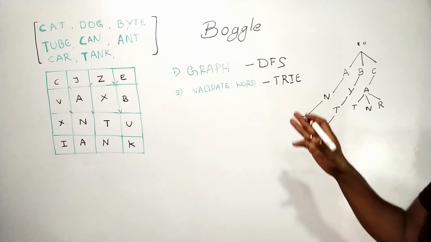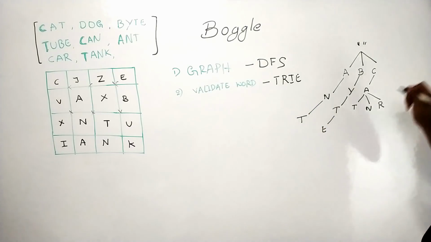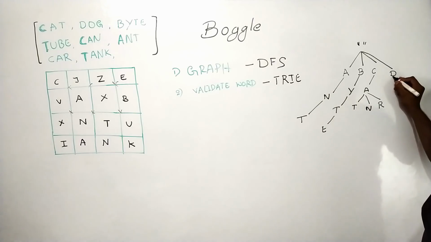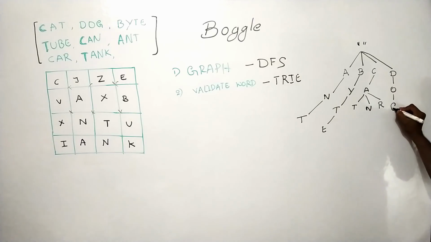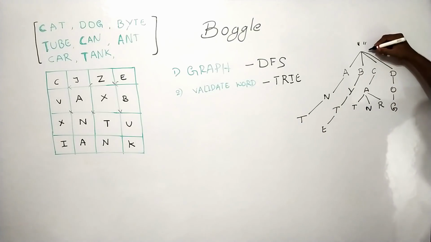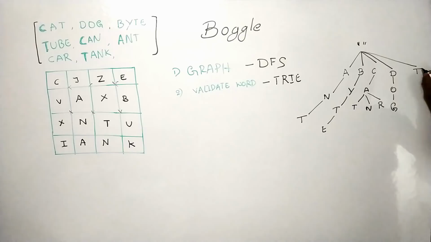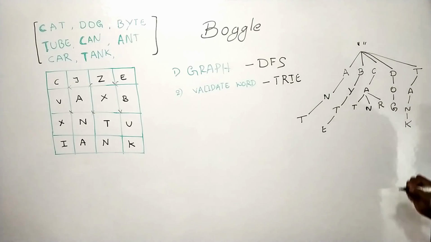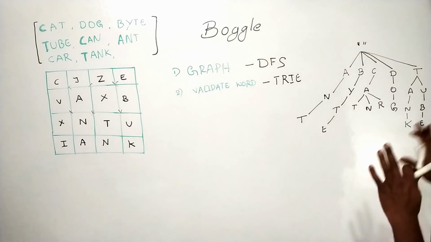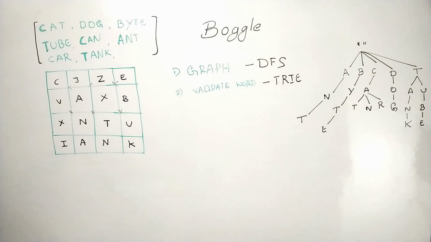And we have one word starting with D. Let's write that here: D, O, and then G. We have two words starting with T, that is T, A, N, and then K. And there is one more, tube, U, E, and then E. So this is how the trie data structure looks.